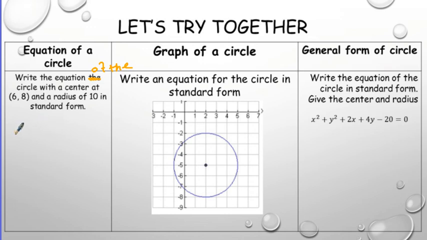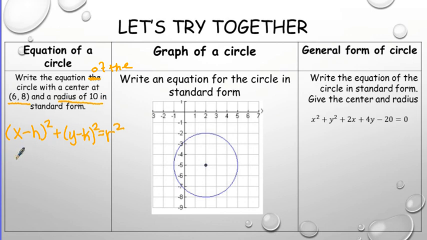Alright, so on your formula sheet, you're going to have where it says (x minus h) squared plus (y minus k) squared equals the radius squared. So this is your equation of a circle in standard form, and you do not have to memorize this. This is on your formula sheet. So if you look at the information you're given, it wants us to write an equation of a circle with a center at (6, 8) and a radius of 10.